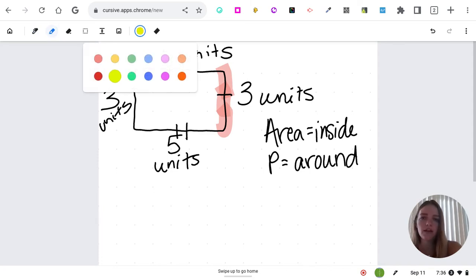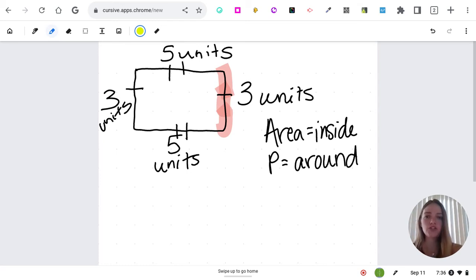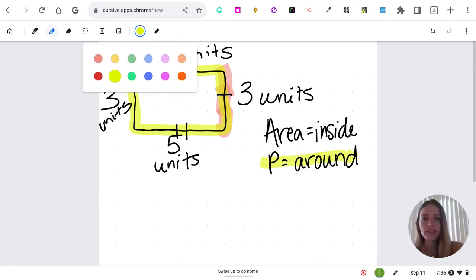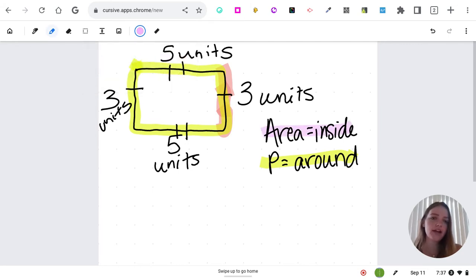I'm going to pick yellow, and I'm going to make it a little bit thinner. So perimeter would be all of this distance around my shape. Now, area is going to be a little bit different, so I'm going to pick a different color. Since area is all of the inside of the shape, that is going to be everything inside of my rectangle. That's how the two are a little bit different.